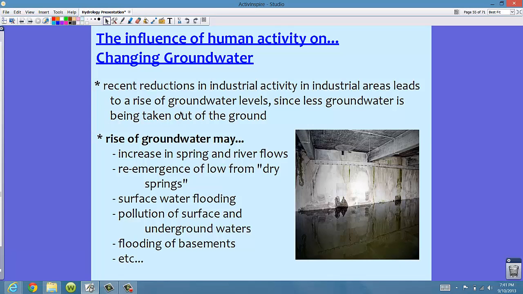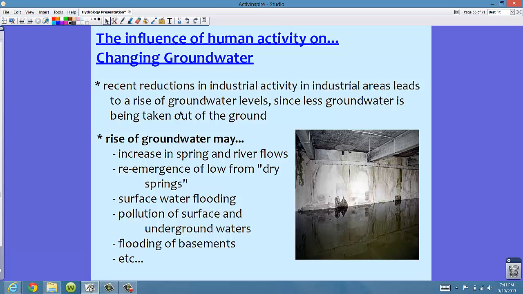Now, agriculture has allowed us to take away from these groundwater stores. However, we have lots of areas that used to have high industrial activities. Recent reductions in these industrial areas have led to rises of groundwater levels in certain places because less groundwater is actually being taken out of the ground in these places. Unfortunately, the rise of the groundwater also has its detriments.